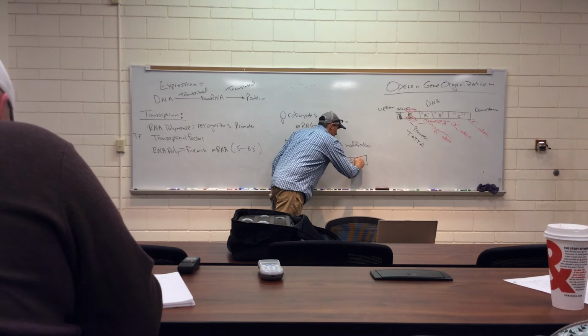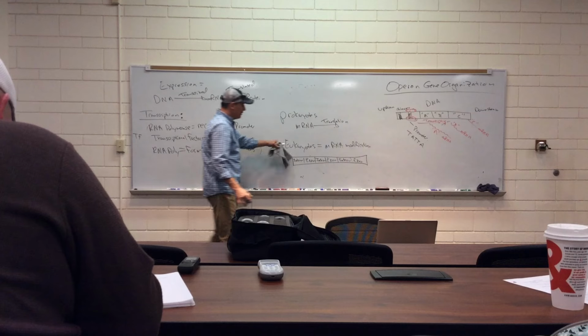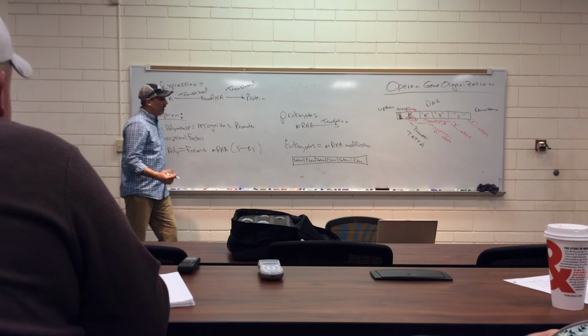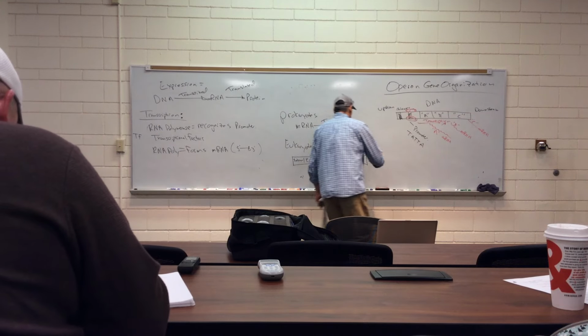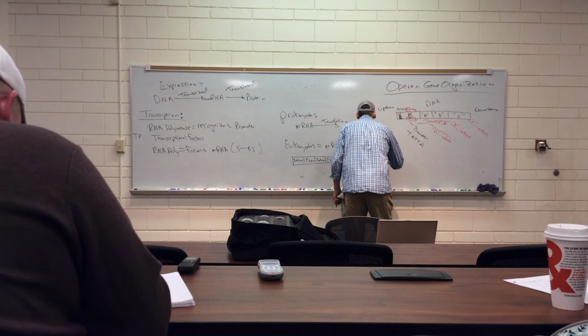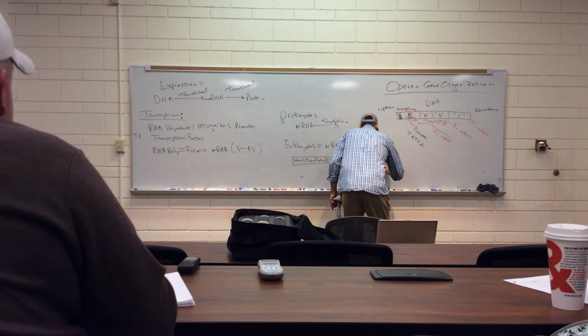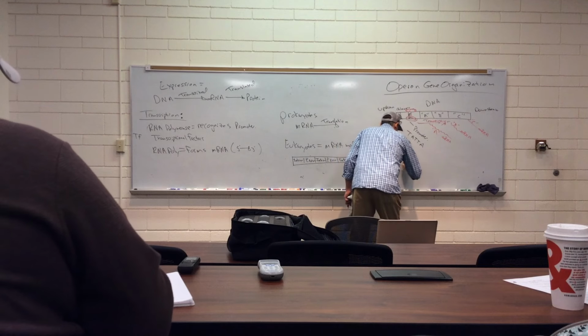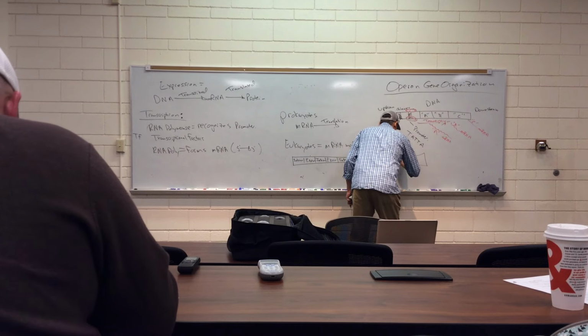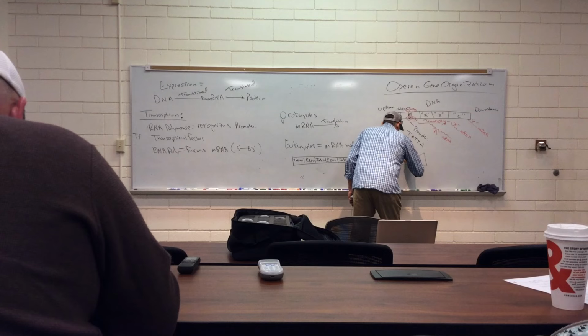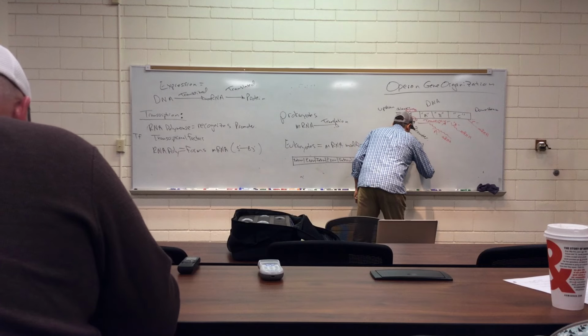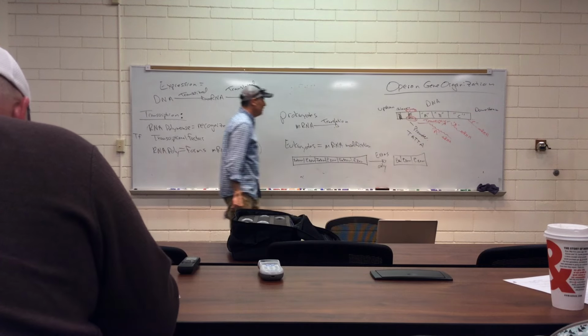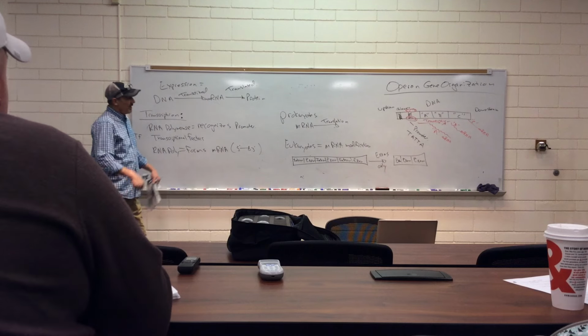And so one of the things we do in eukaryotes is we clip out all the introns. And we recombine only the exonic mRNA. So we clip out the introns.